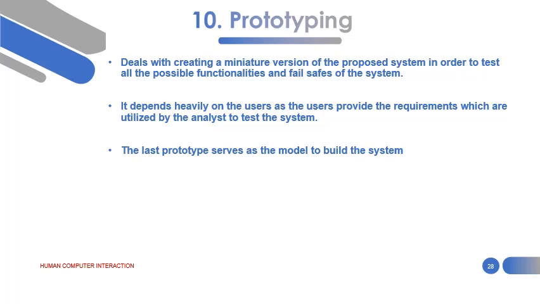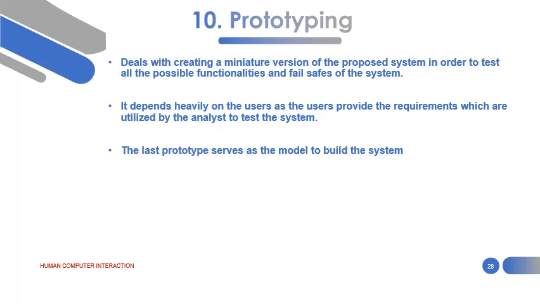So prototyping is more of an iterative process where the first prototype serves as a stepping stone for the second prototype. It all depends on the user, as the user is the main focus, because with prototyping you are developing a model to help get user input on how to make the system better.